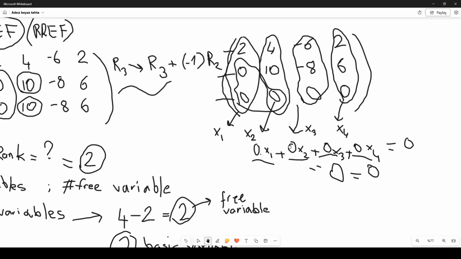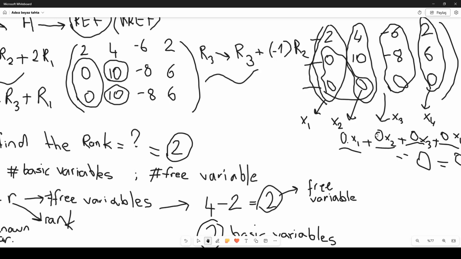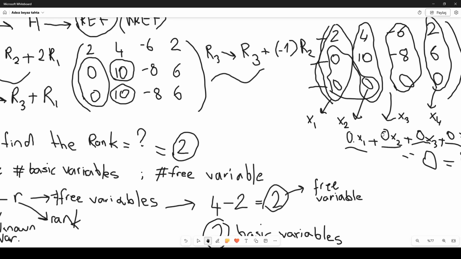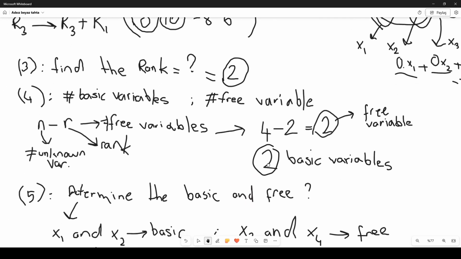After doing so, find the rank of the row echelon form or the reduced row echelon form matrix.